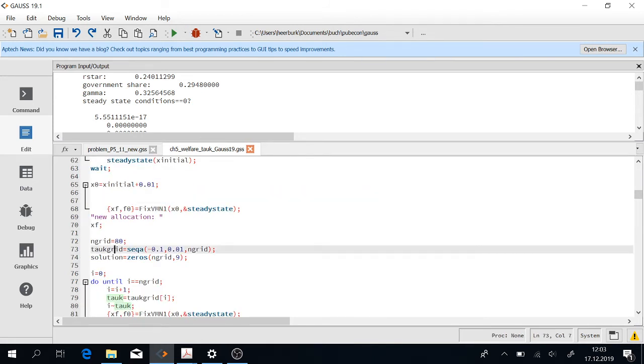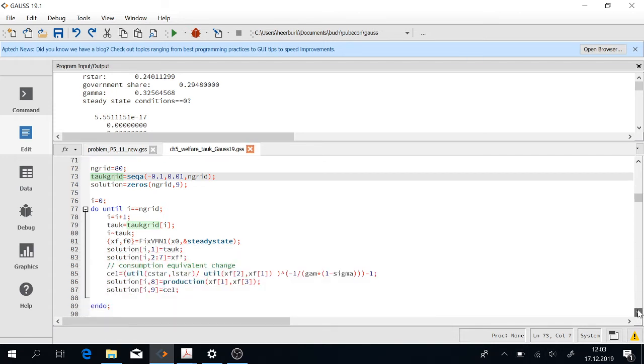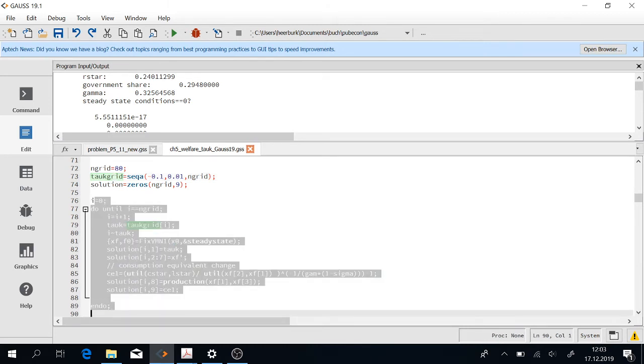So tau grid specifies the exogenous capital income taxes for which we would like to compute the solution to our steady state variables. And this is done in the loop, in the iteration in lines 76 through 89.